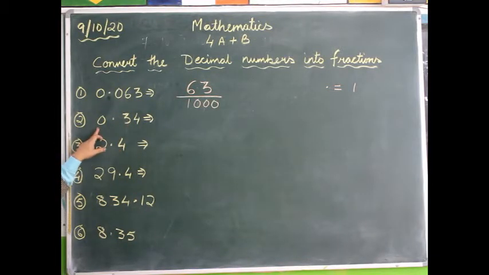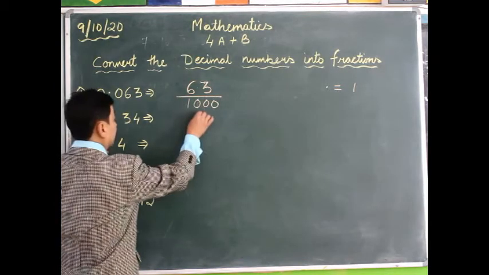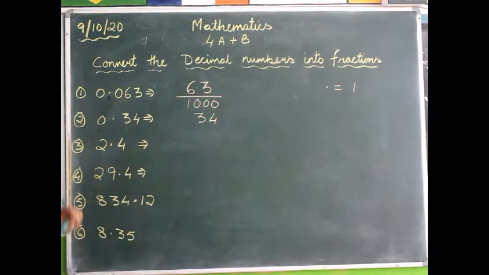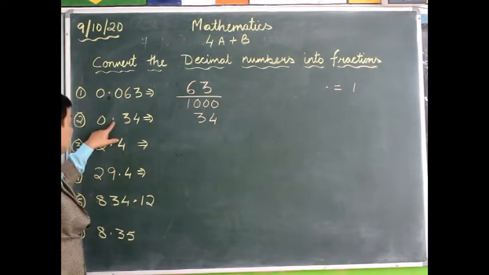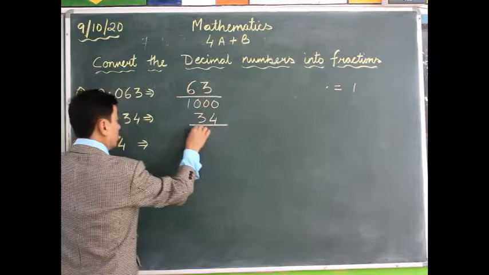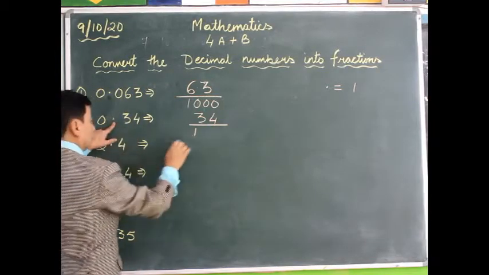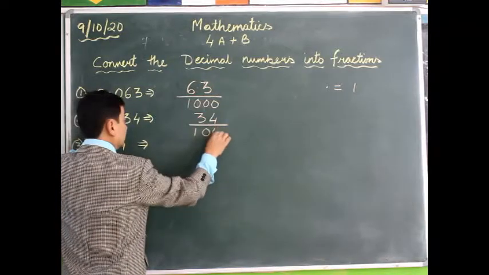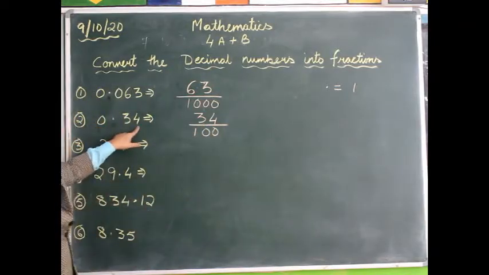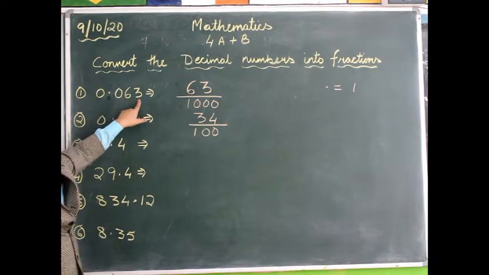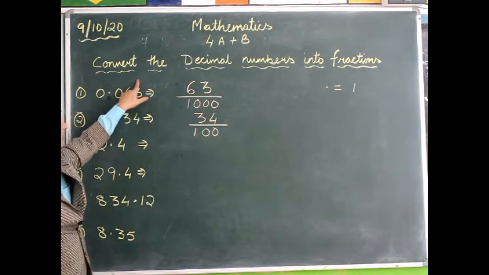0.34. Again, 0 is here, so let's write only the number 34. After you write 34, put your finger on the point. The point changes into 1. After the point, how many numbers are there? 1, 2. So put 2 zeros, because this 4 ends in the hundredths place value and this 3 ended in the thousandths place value.